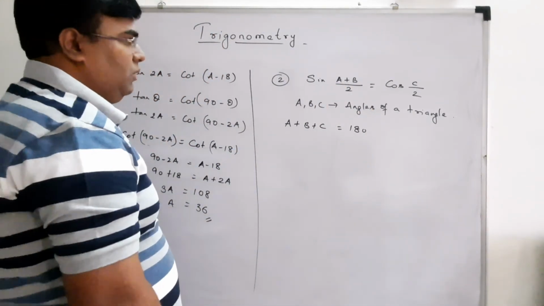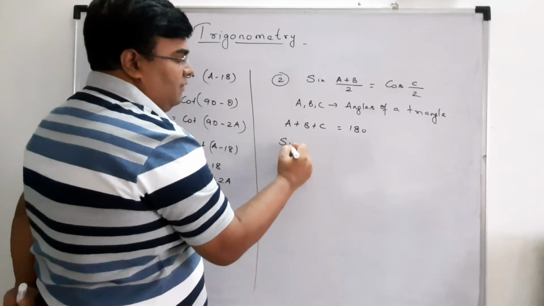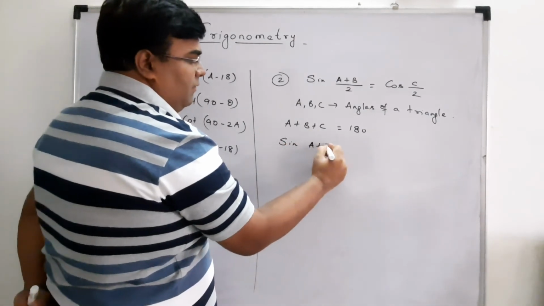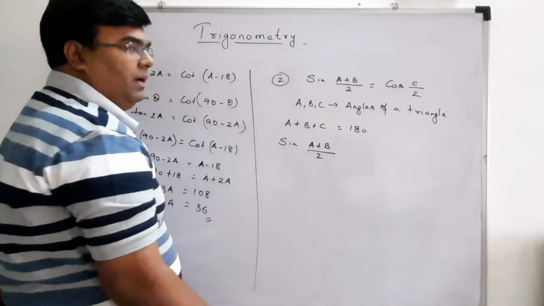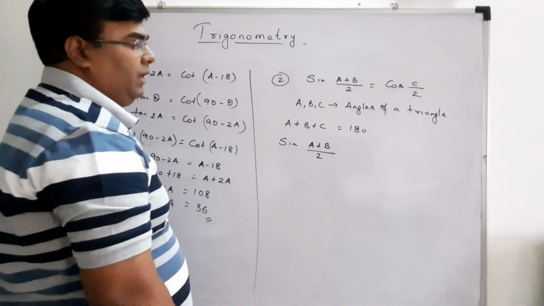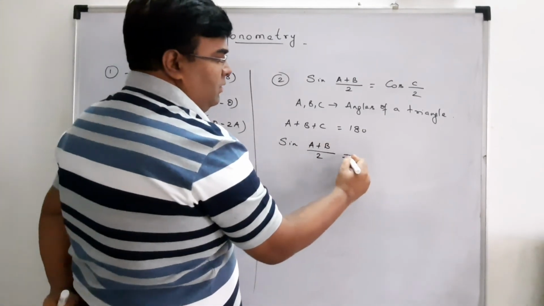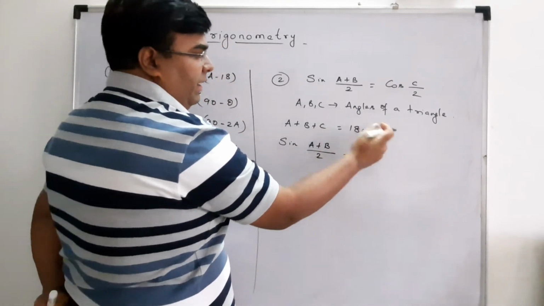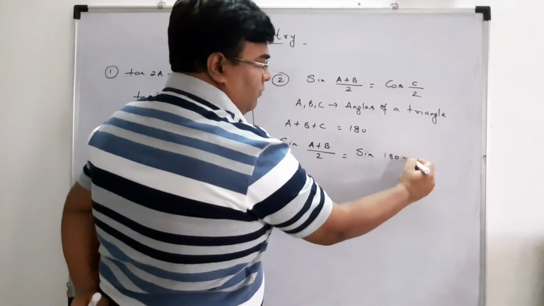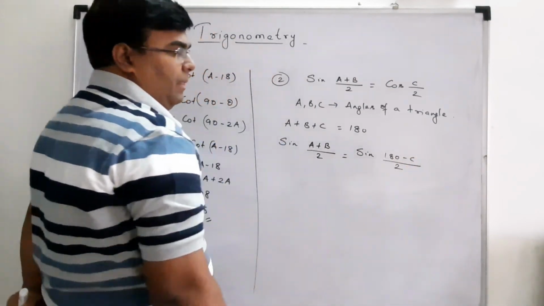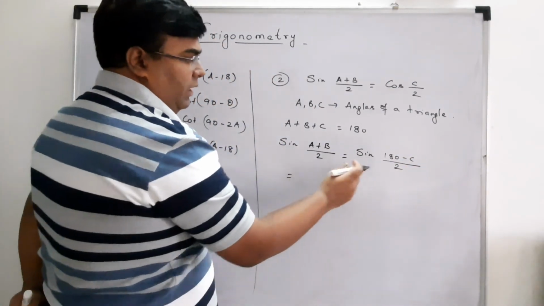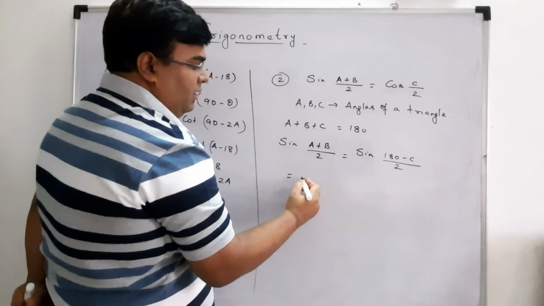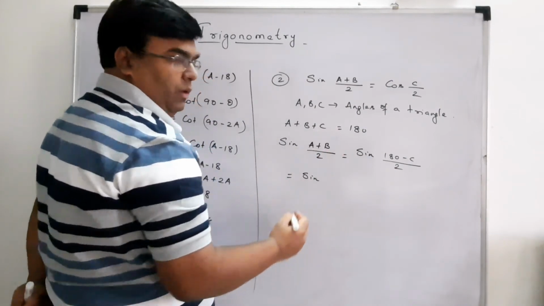So let us take the left hand side, sin of (a plus b) by 2. Now we can replace this a plus b by 180 minus c. Next step will be just divide by 2.